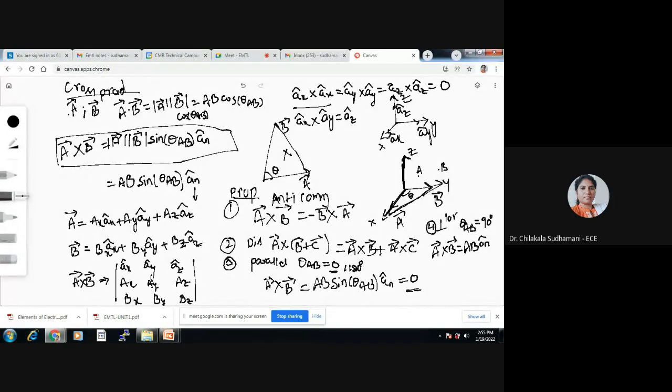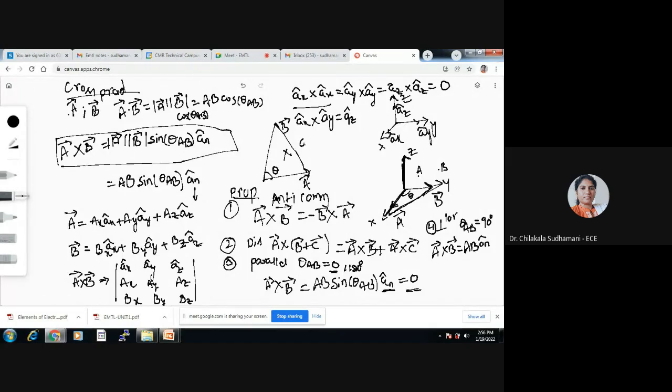Why? Because the magnitude is 1, but AN cap means the axis perpendicular to the plane of the given two vectors. AX is given, AY is given. What is the perpendicular to this plane? AZ. So that's why AZ cap.